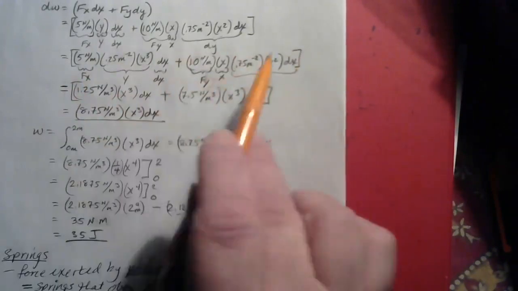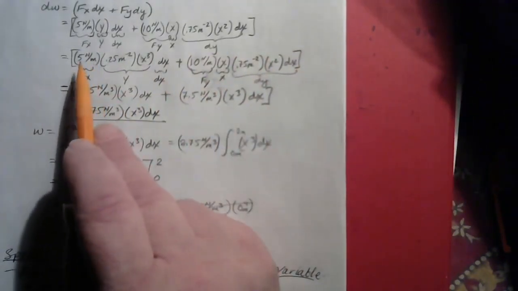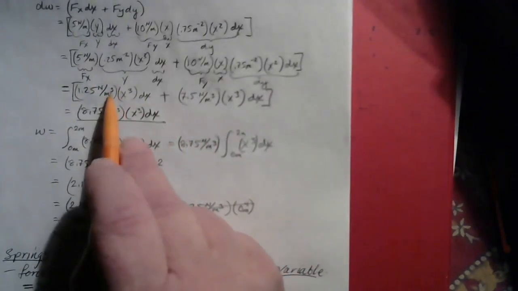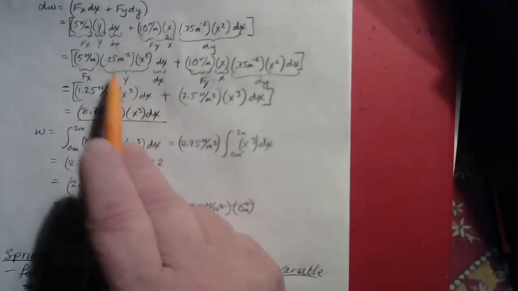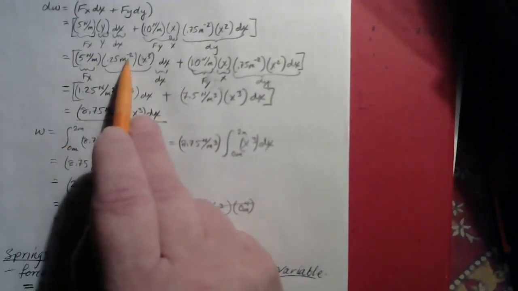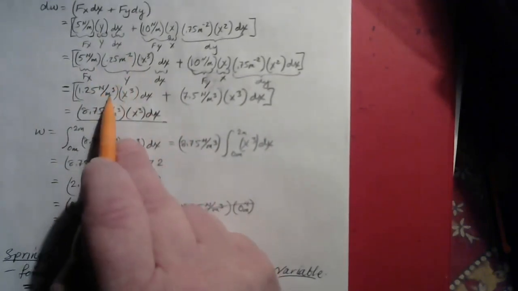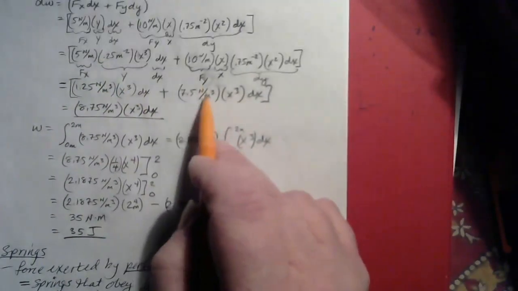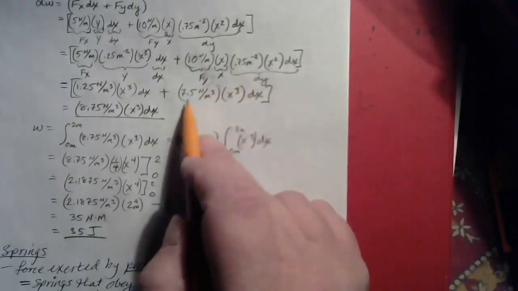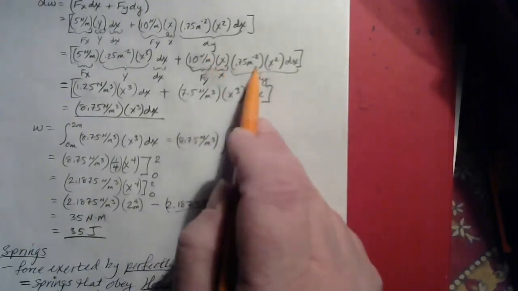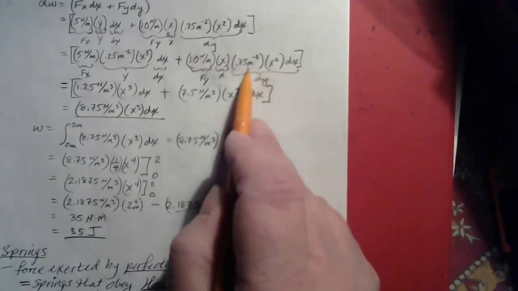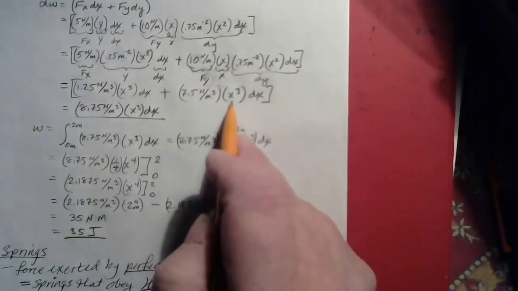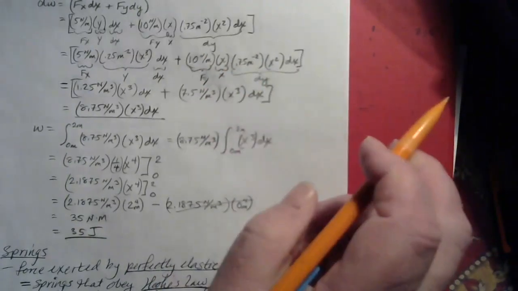When we work all of that out and consolidate all the terms, we end up with 5 times 0.25, that's 1.25 newtons per meter cubed, because you have newtons per meter times meters to the minus 2, times x to the third dx, plus 10 times 0.75, that's 7.5 newtons per meter cubed again, times x squared times x, so that's x to the third dx.